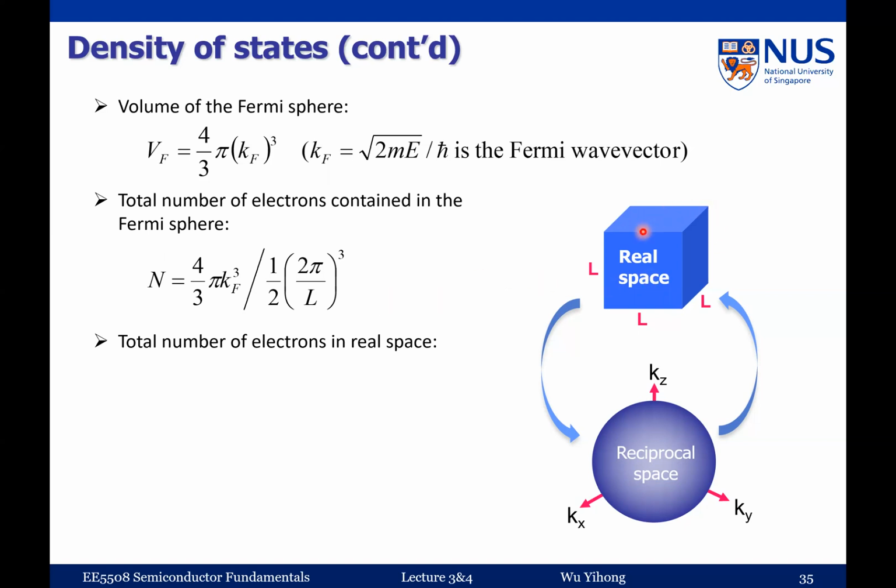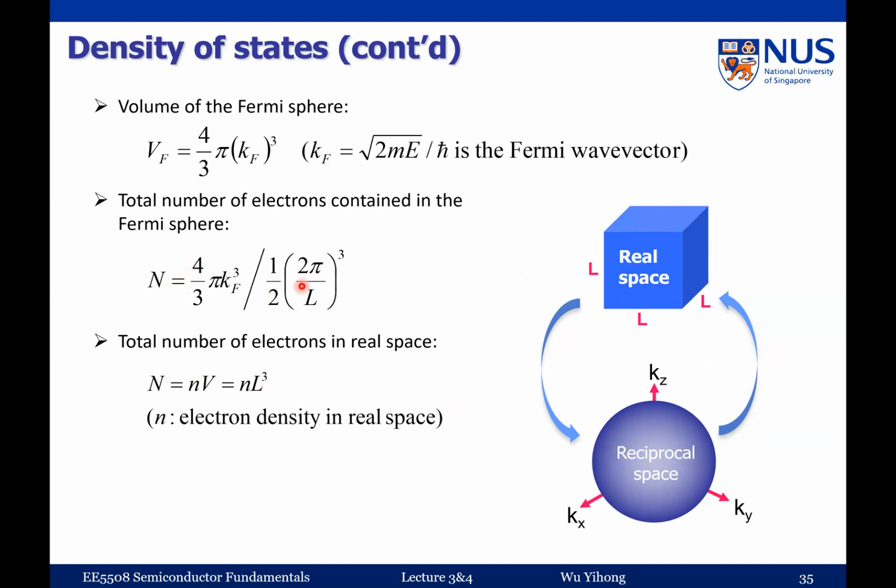This means that we can have two representations, one in real space and one in reciprocal space. And the number of electrons you have in total must be the same, right? Otherwise, it doesn't make sense, right? So the number of electrons in real space: once you know the electron density, you just need to multiply the electron density by the volume. The volume is L cubed, right? And these two must be the same, right?